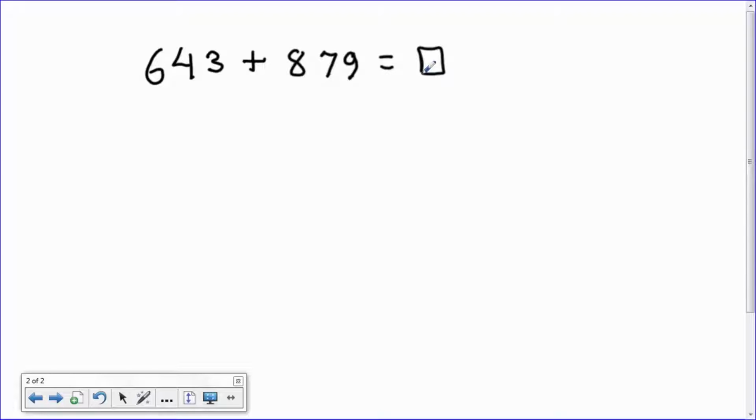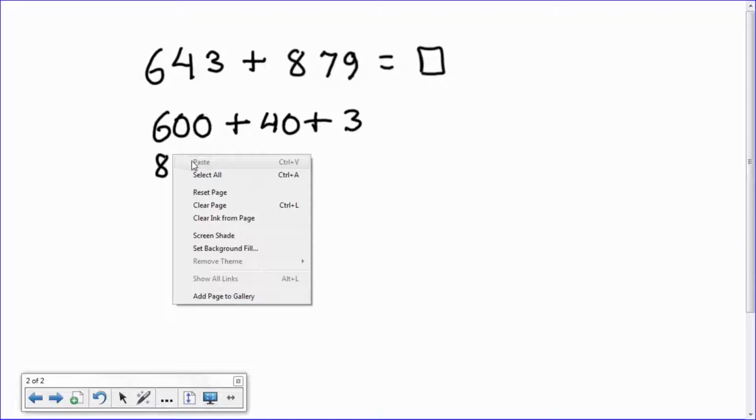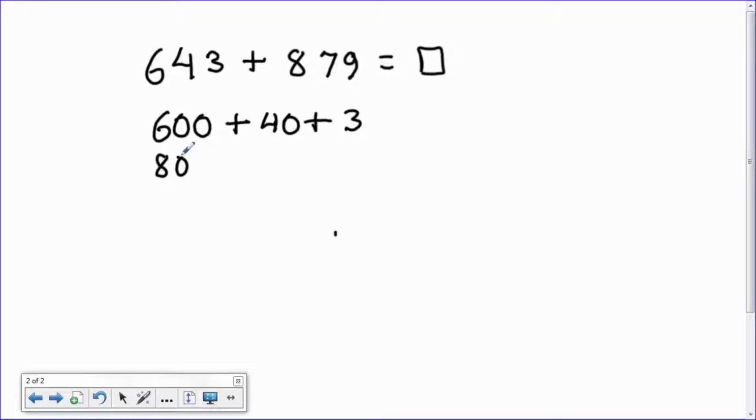And what we will do is take and decompose 643 into 600 plus 40 plus 3. And of course, that's a value expanded form for 643. We'll do the same thing for 879: 800 plus 70 plus 9.